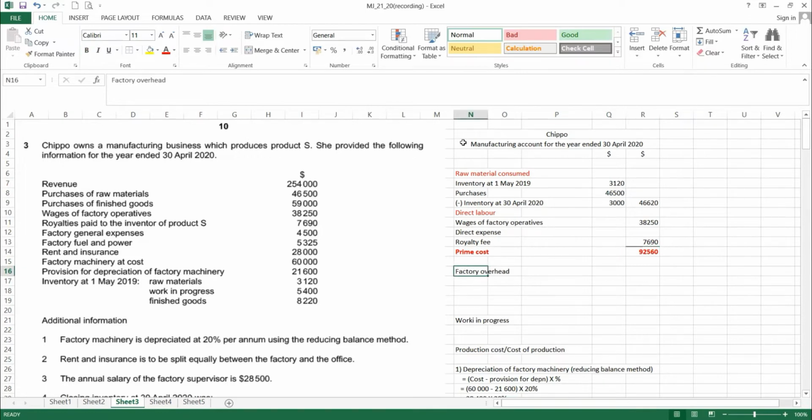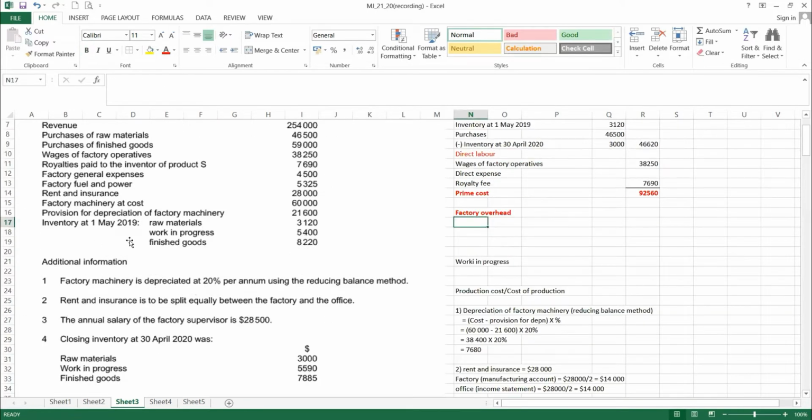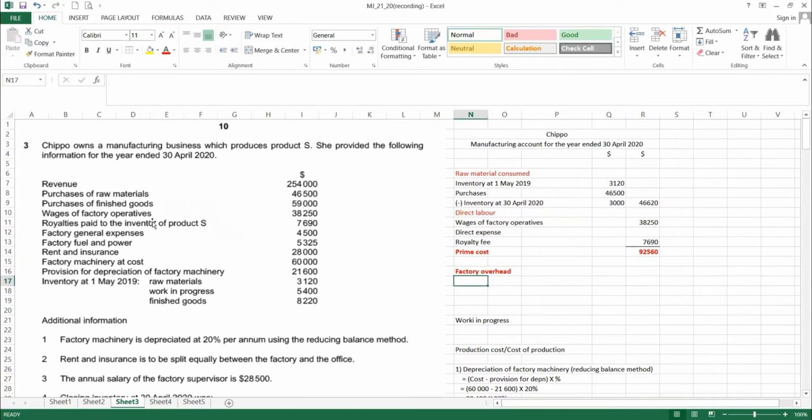Now the next is we want to calculate the factory overhead. So how many items are considered overhead? So long as you saw the word factory, most likely is related to factory overhead. For example, here we have factory general. Okay, we put in factory general expenses.